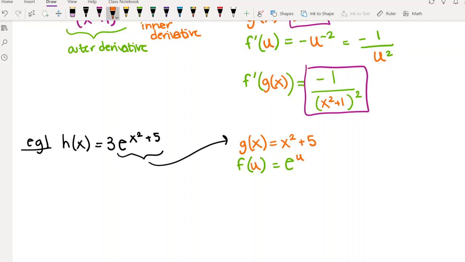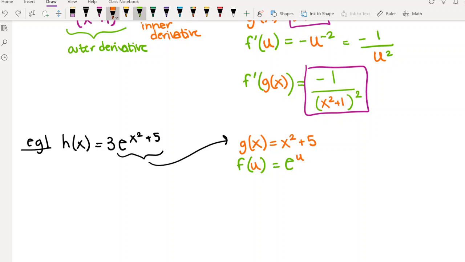So we're not including the 3. I guess you could, but I think it's better practice to treat any constant as something to leave off to the side and focus on the rest of the function first. As long as the constant is just being multiplied with your function, you can sweep it to the side and put it back in at the end.